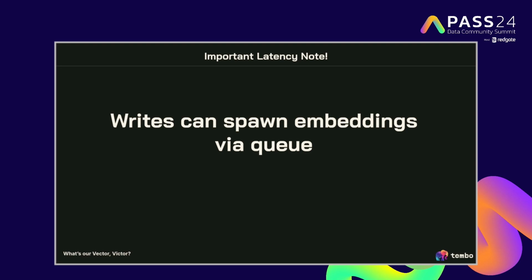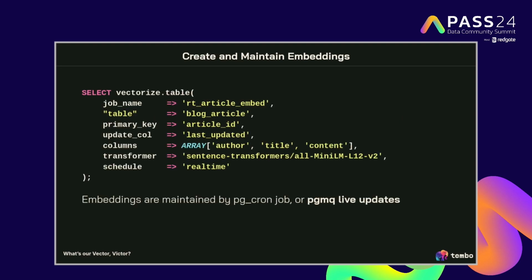So don't do that. What this does instead is use PGMQ, an extension that Tembo also wrote. It creates a queue, and every time you do an insert, update, or whatever, as long as you use a particular syntax, which is this syntax here, when you say real time, it means use a queue.